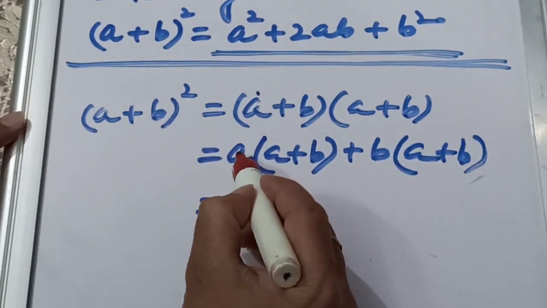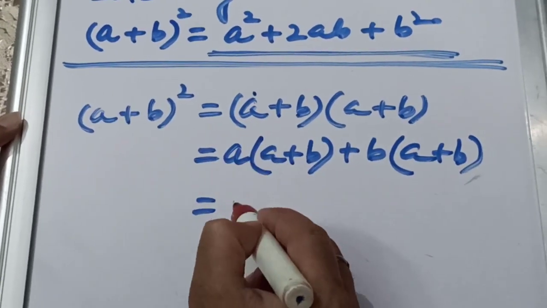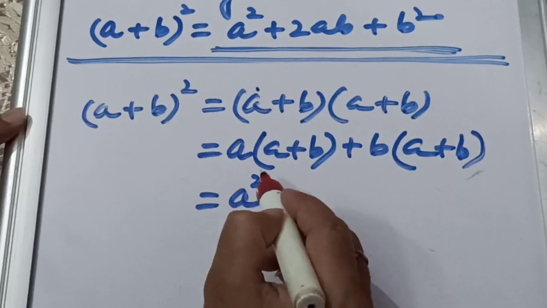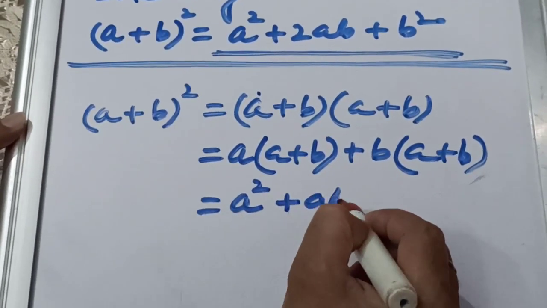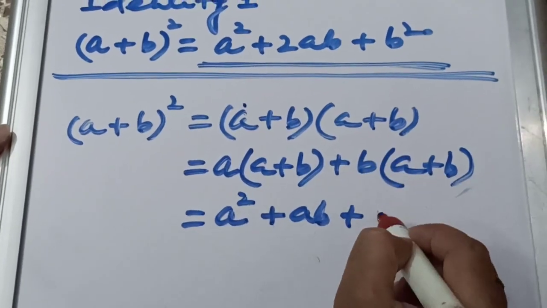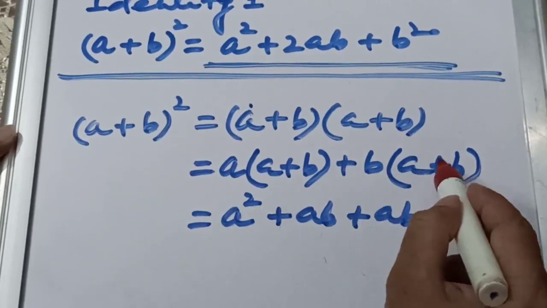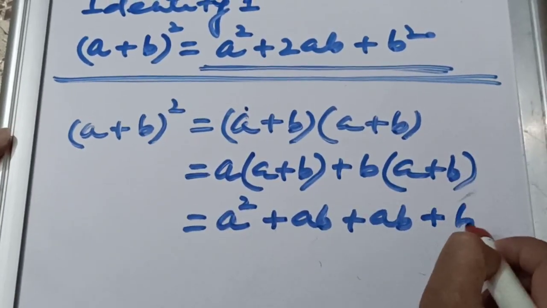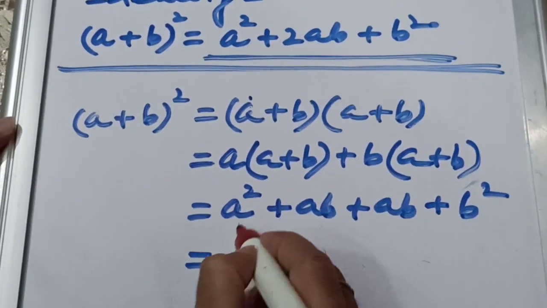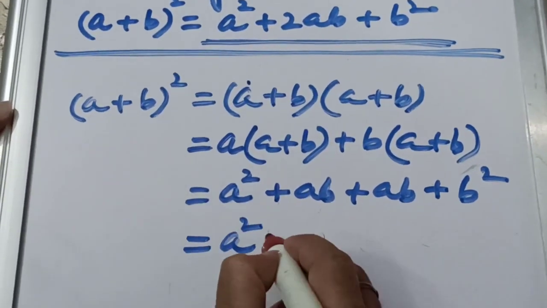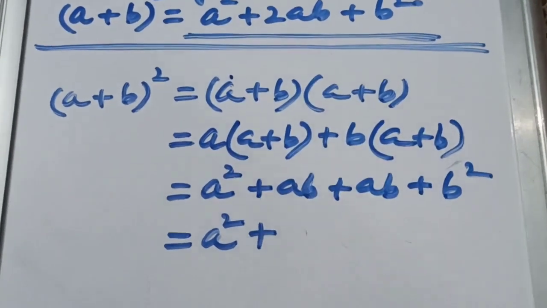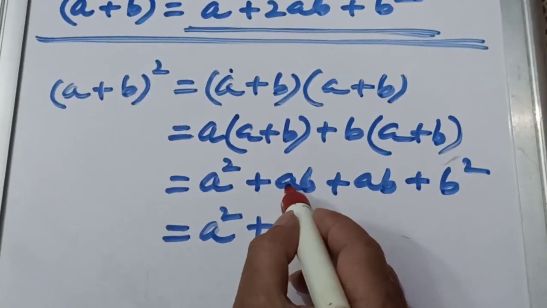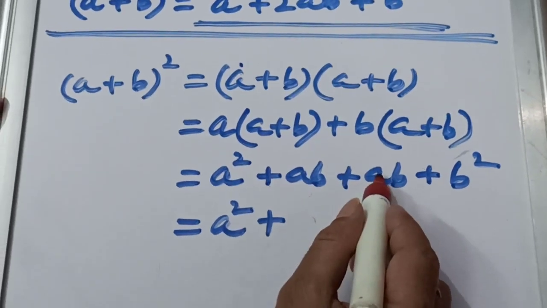And after that we will multiply a into a, a square, plus a into b, ab, plus b into a, ab, plus b into b, b square. Both ab terms are same, that means like terms.